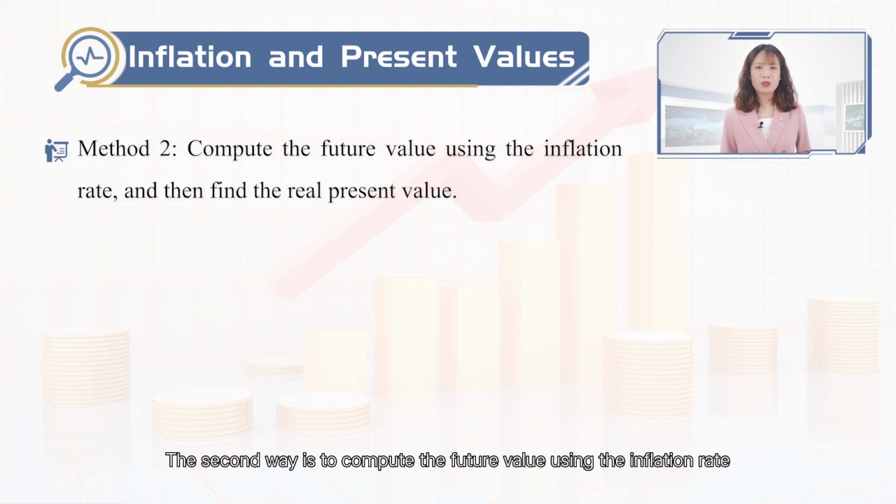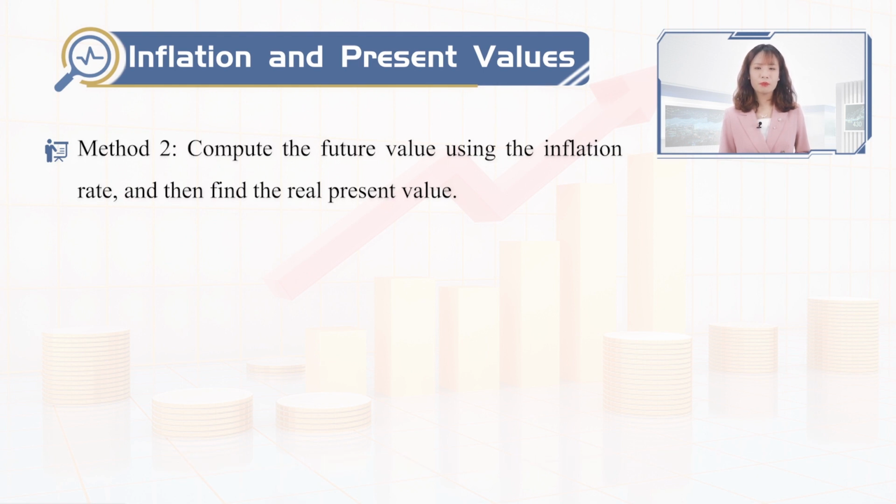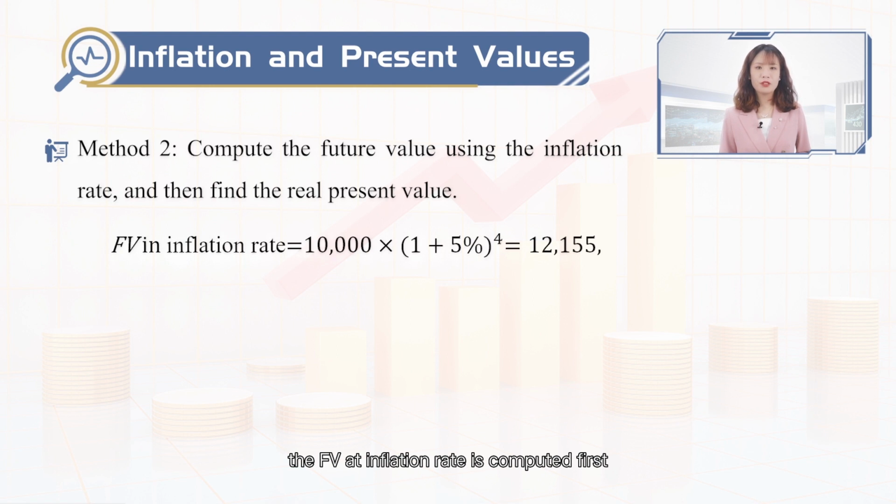The second way is to compute the future value using the inflation rate and then find the real present value. So the FV at the inflation rate is computed first. It's equal to 10,000 multiplied by 1 plus the inflation rate 5% to the fourth, and is $12,155. This means the car will cost $12,155 after 4 years.